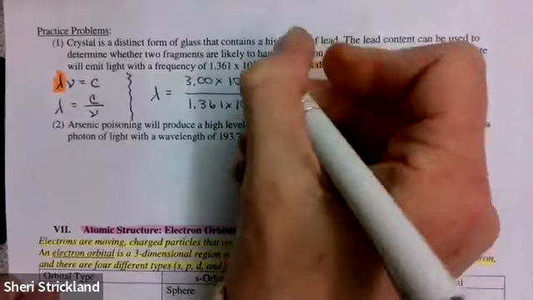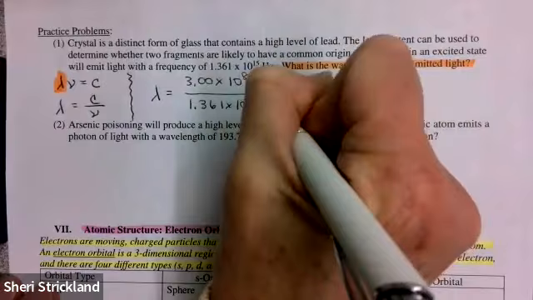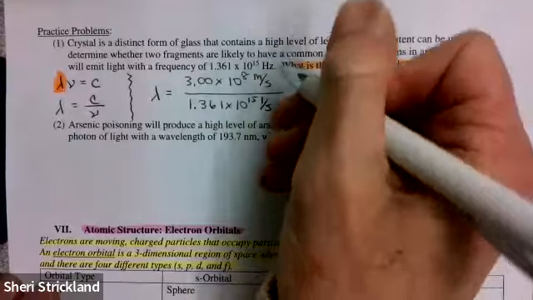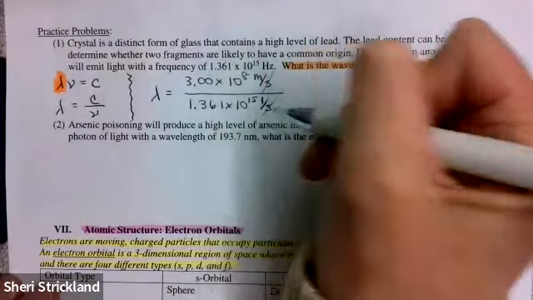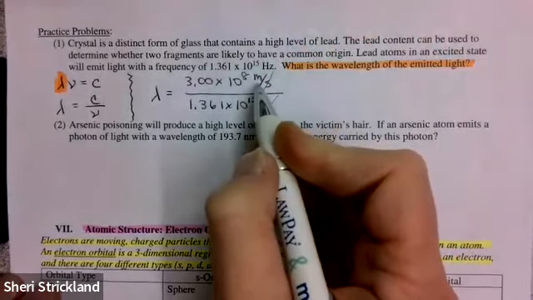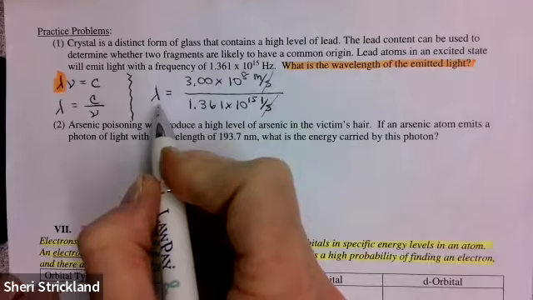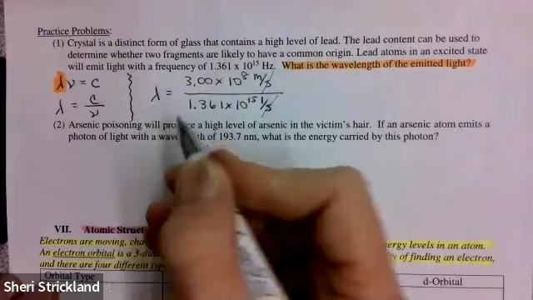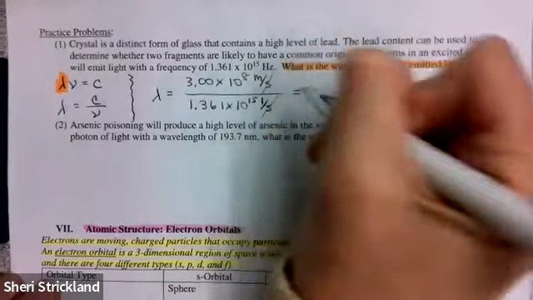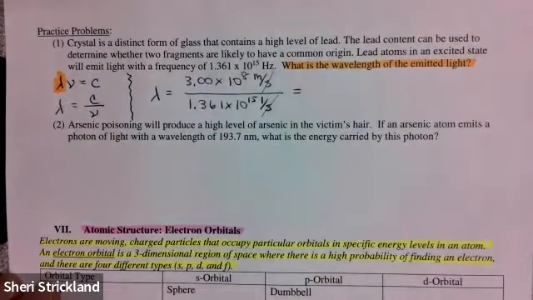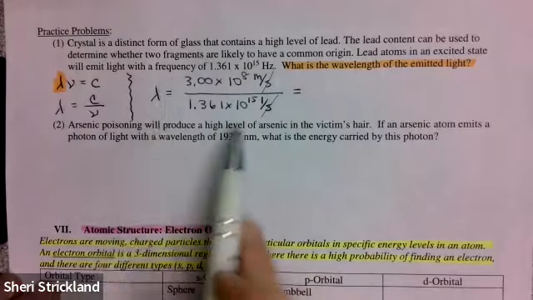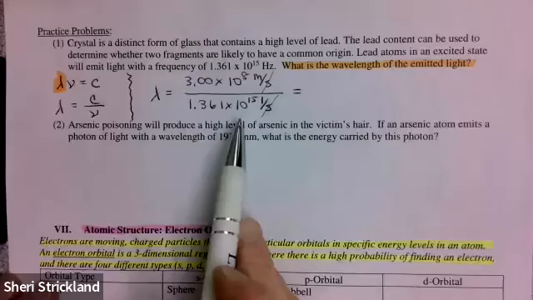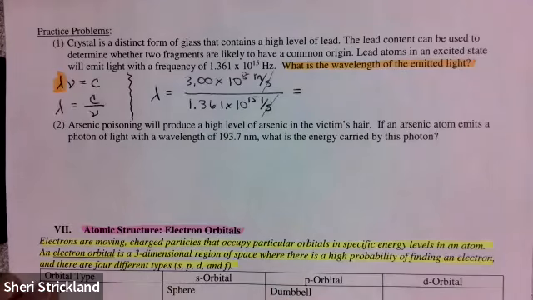And I'm going to write hertz as 1/seconds, because that way I can cancel that and my units will be meters, and that's what I'm expecting for a wavelength. Okay, I want you to pause the video and do this calculation, because I want to make sure that you can do this kind of calculation involving exponents with your calculator. All right, so pause the video and do that and come back.